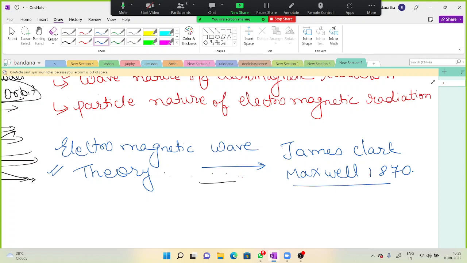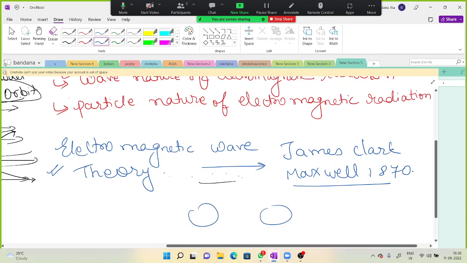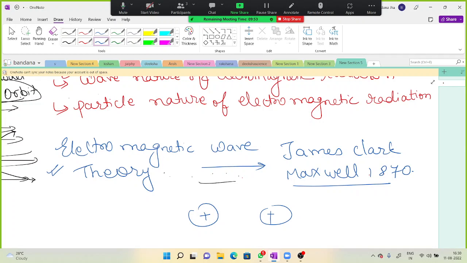He explained the interaction between charged bodies and the behavior of electrical and magnetic fields: opposite charges attract and like charges repel, all at the macroscopic level.